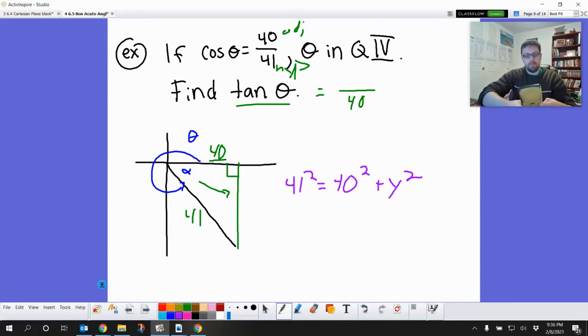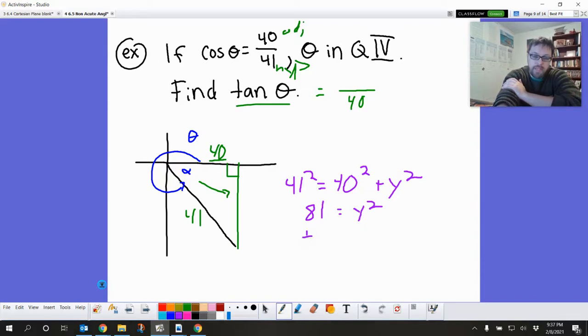So I'm just going to do this on my calculator here. So 41 squared minus 40 squared, I got 81. Oh, it's a nice Pythagorean triple. 81 equals y squared. So we square root both sides. We get plus or minus 9 equals y.